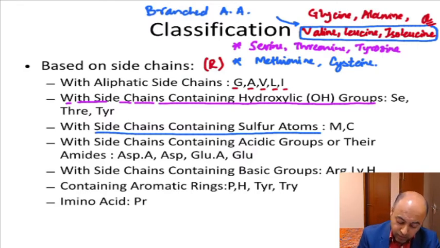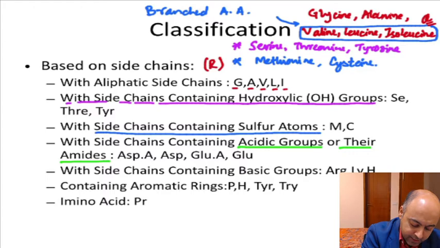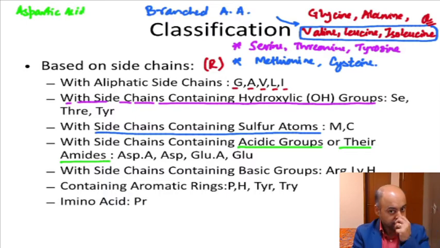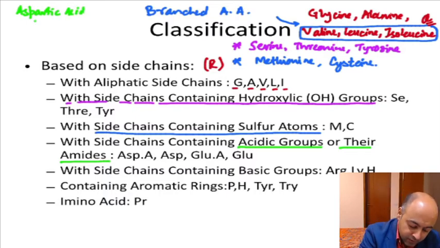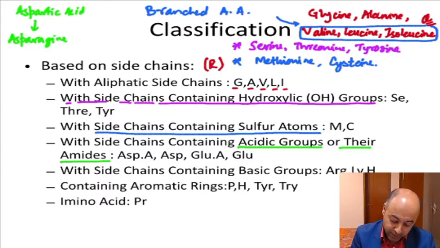And then we have the side chain containing acidic groups or their amides. So what do we get here? First we get aspartic acid. This aspartic acid can get converted into asparagine. So aspartic acid is the acidic one and the amide derivative is asparagine.